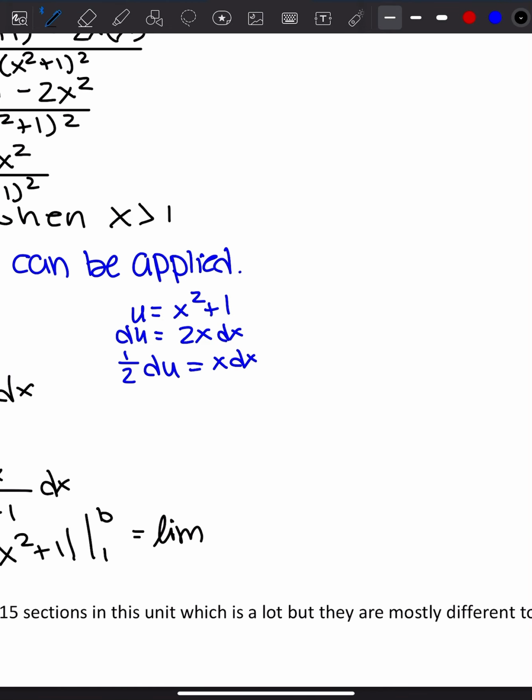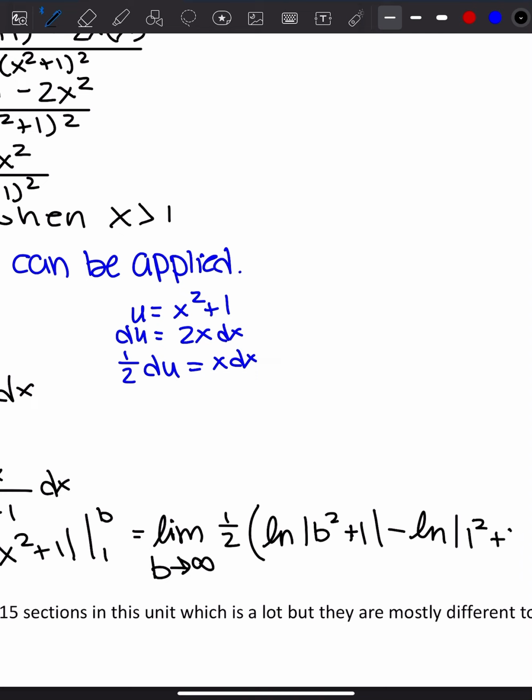So we have the limit as b approaches infinity of 1/2 times the natural log of the absolute value of b squared plus 1 minus the natural log of the absolute value of 1 squared plus 1.